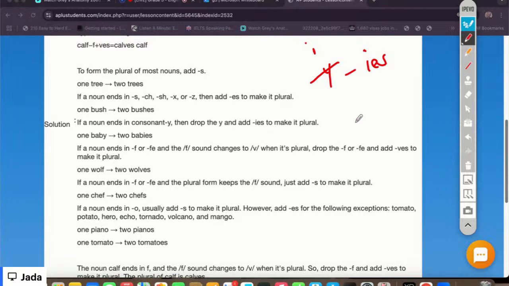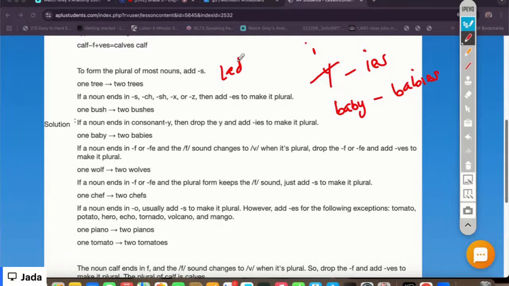IES. Can you give me some examples on the chat? Some words that end with Y. We have baby, for example. So this one changes to what? Babies, right? So share with me some of the words that end with Y.